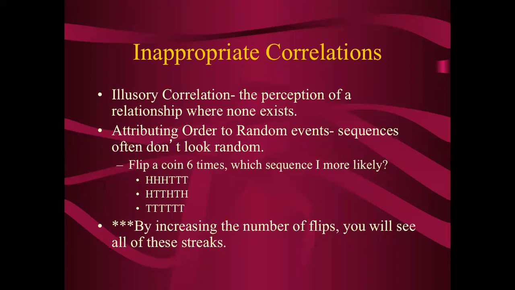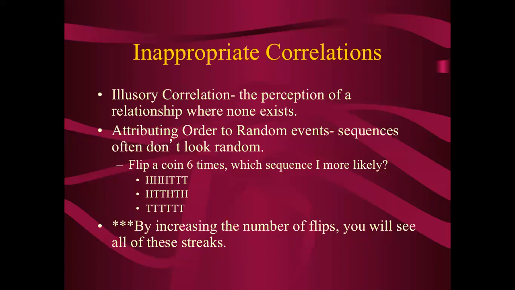If we were to flip a coin 6 times, you could get a head or a tail. H is head, T is tail. And we had these 3 options. Option A is 3 heads followed by 3 tails.